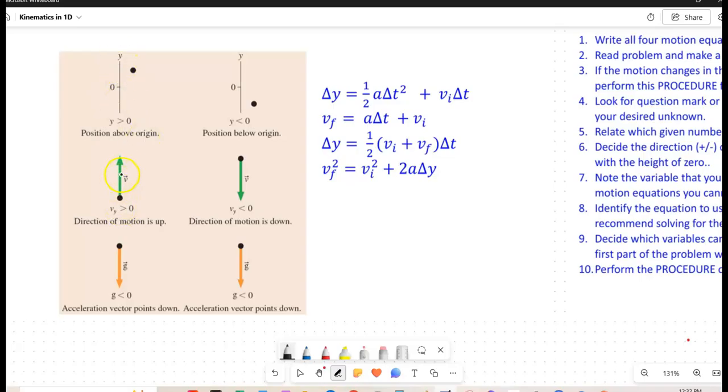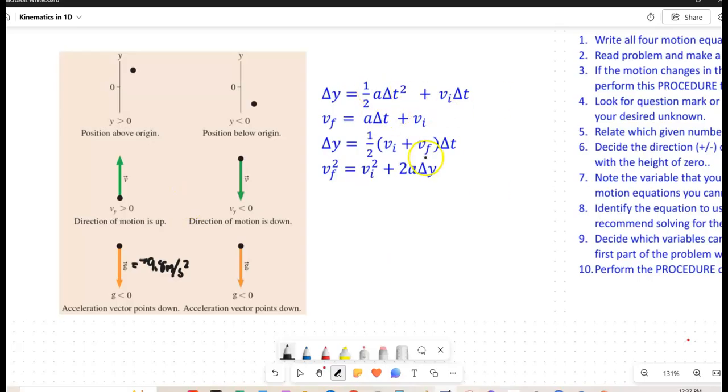Any vectors pointed upwards are a positive velocity. Any vectors pointing downward, we're going to call a negative velocity in the y direction. And g, which is gravity, is always pointed downwards at 9.8 meters per second squared. And since we called down negative, we're going to call that a negative number.